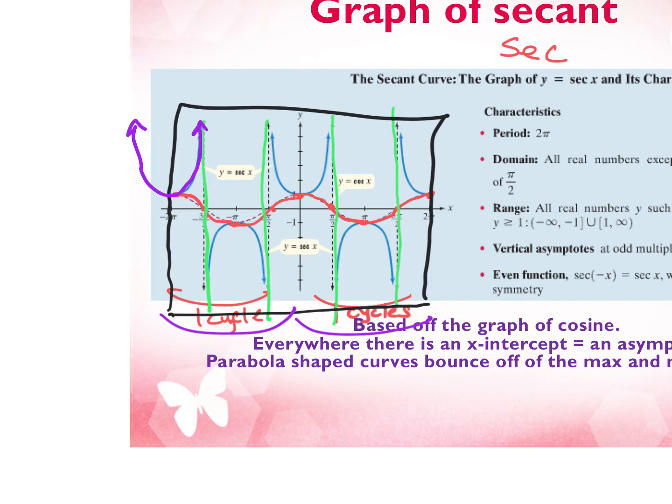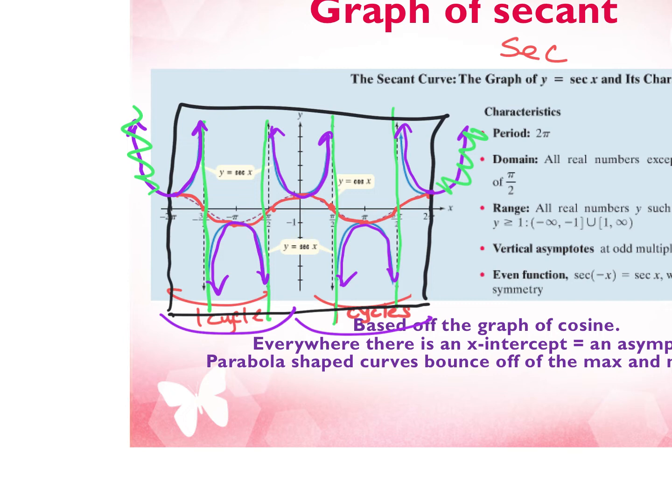And then over here at this minimum, your other parabola, here's a maximum, minimum. And again, for this last little piece, the parabola would have been here. But I don't need to see this piece or this piece because it's out of my 2 cycle box.